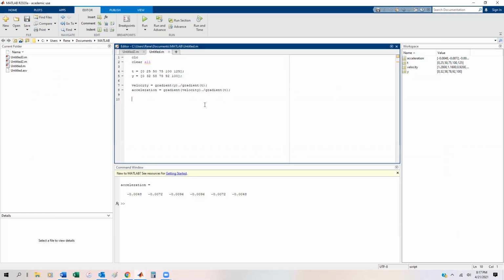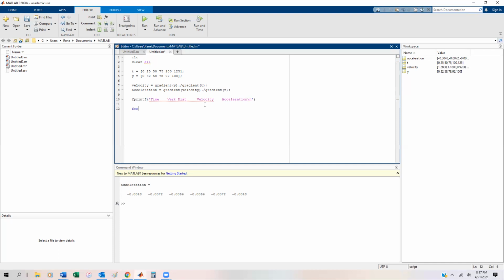I'm going to do an fprintf. It asks us to print out the time, then the vertical distance, then the velocity, and then the acceleration. We're going to use a for loop for this because we have a bunch of these.